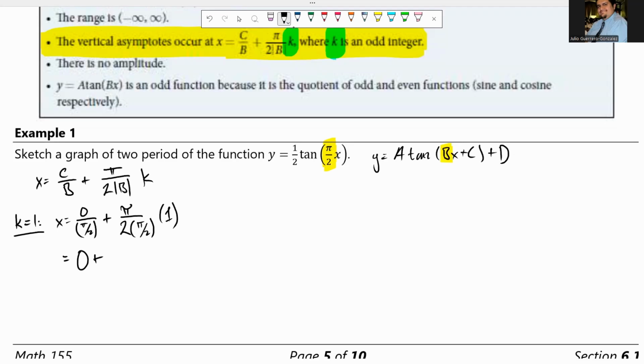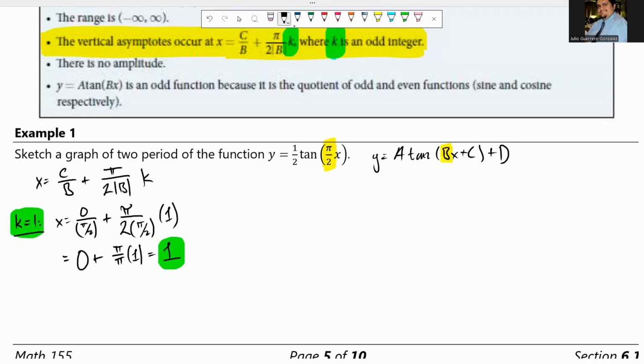Plus, this all reduces to pi over pi times 1, which is 1. So when k was 1, my asymptote's at 1. Okay, let's keep going.